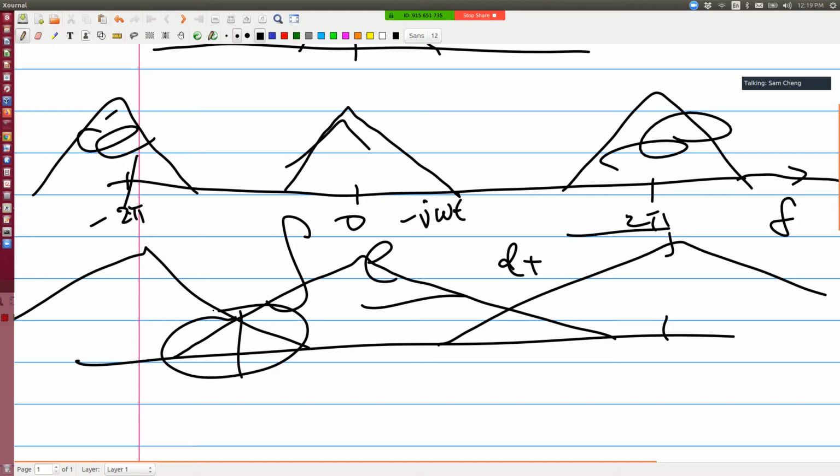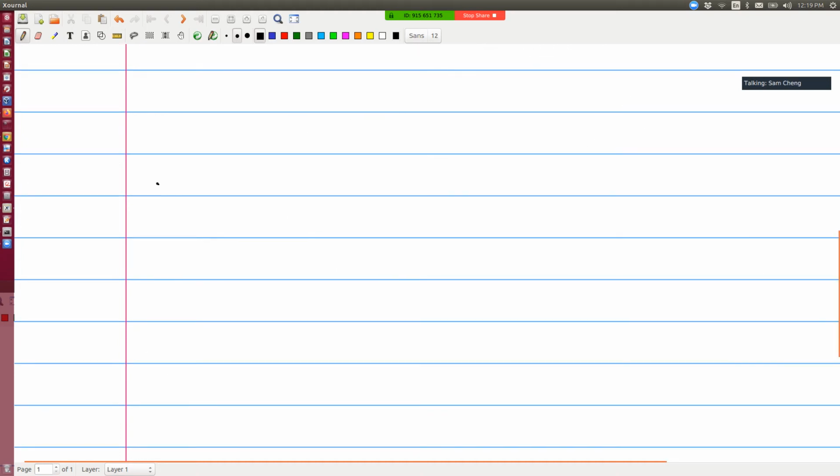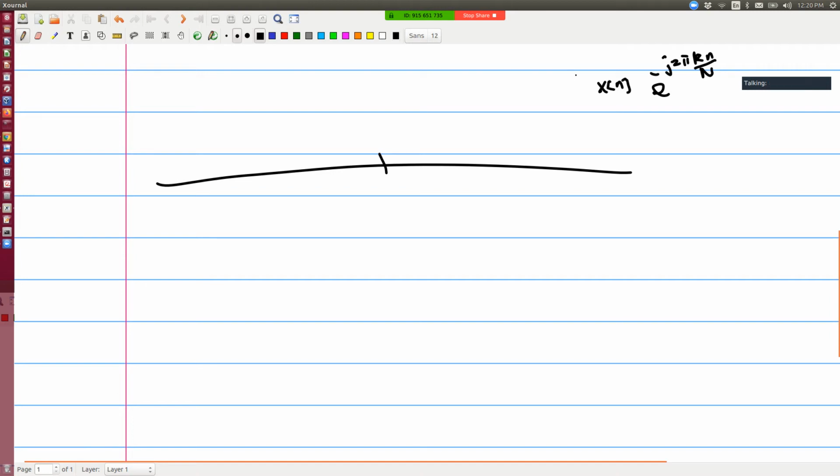So this is from a continuous to a discrete signal. How about I start with a discrete signal, one that is originally already discrete? Remember we have this discrete Fourier transform, with 2 pi k over N and x[n], which is my Fourier transform for frequency k.